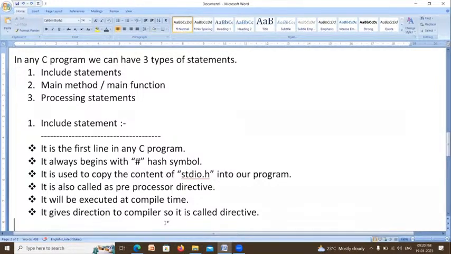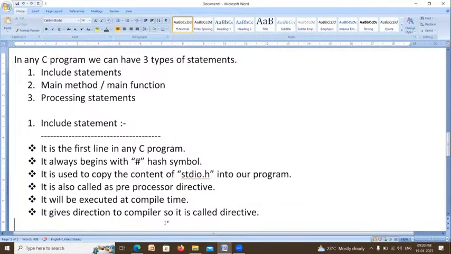Include statements are at the top of the program. So these are the first line. It always begins with a hash symbol. You have to begin with hash. It is used to copy the code of stdio.h into your program.